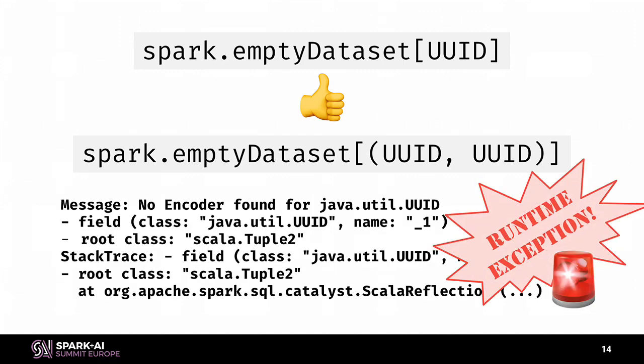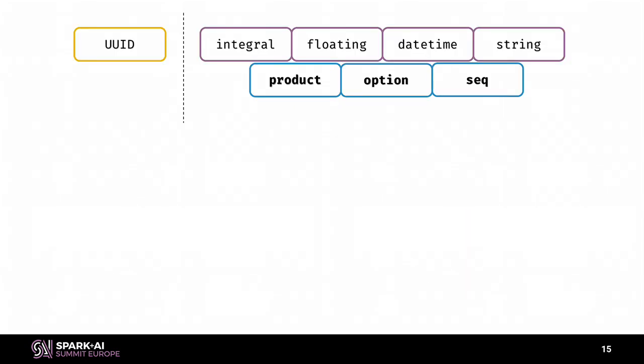It will cause an analysis exception. No, sorry, not an analysis exception. It will occur during runtime. It will occur in analysis time, sorry. So this stack trace points to the Scala reflection API. Let's see what happens. So we basically added this UUID type, but it has no connection to the other types.